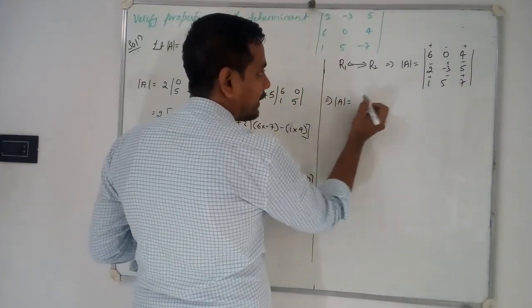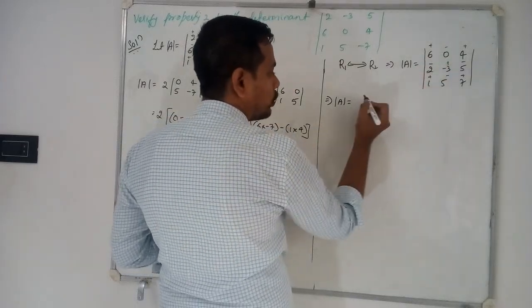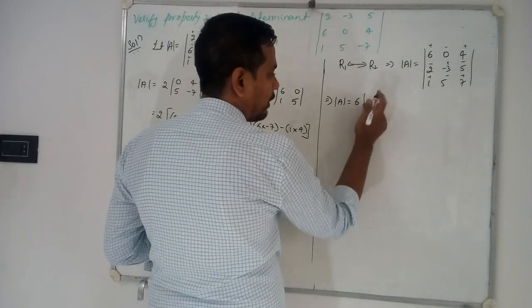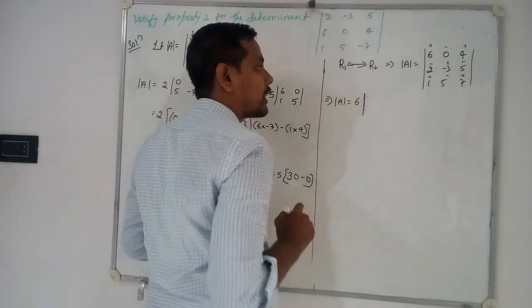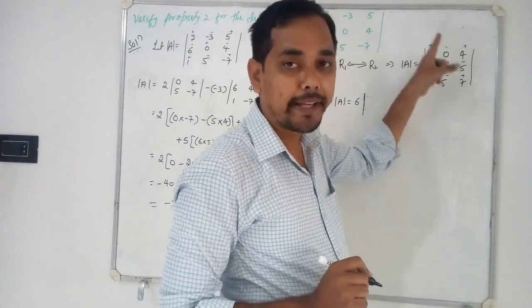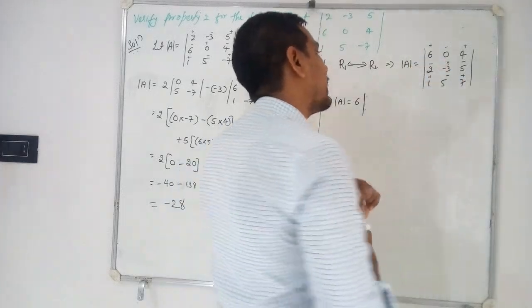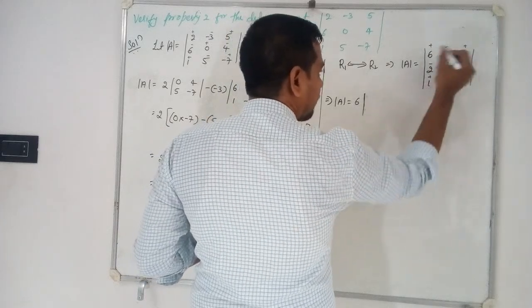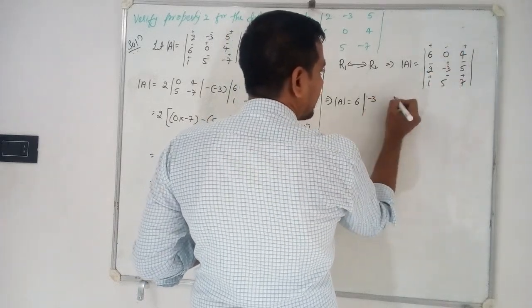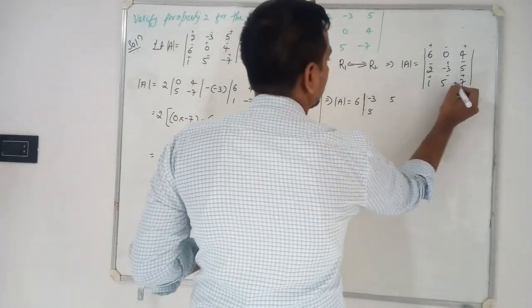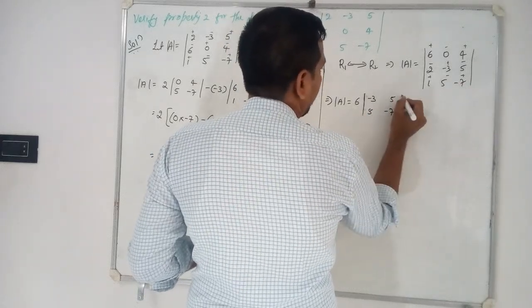Determinant A. See, expanding through first row. So first element is plus 6. What will be inside the determinant? Neglect first row and first column: minus 3, 5, 5, minus 7.